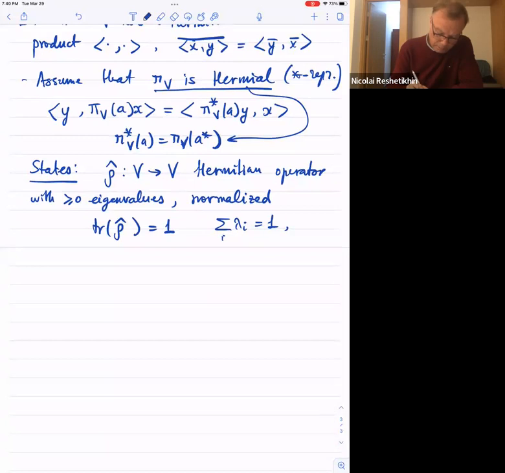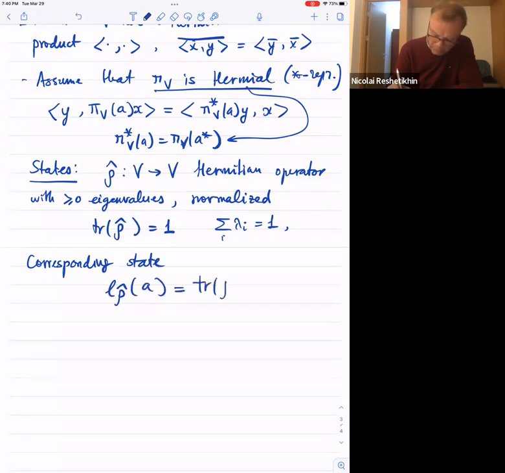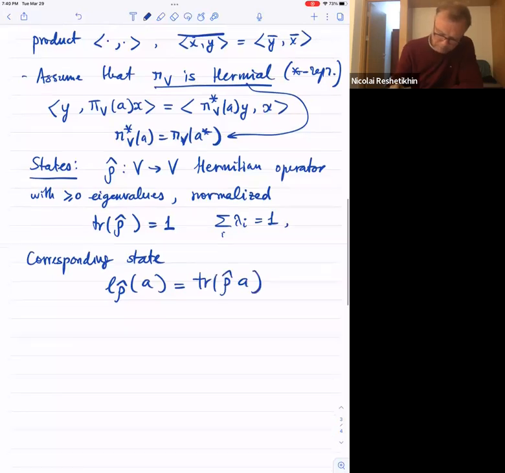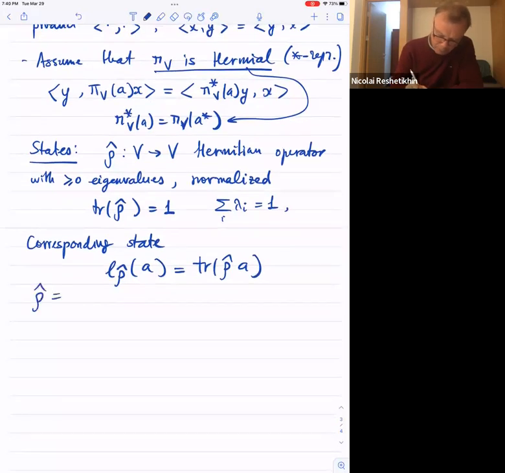So in this case, the corresponding state, let's call it L_rho(A), is just the trace of rho A. And rho is called the density matrix.